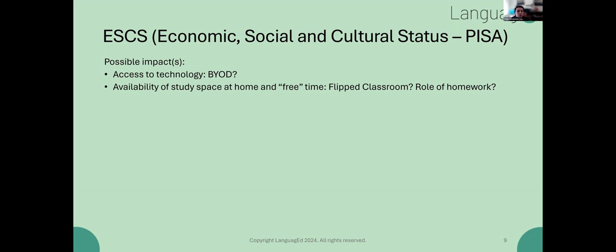So these are things you may want to consider when it comes to things like using the flipped classroom, how much homework you give, and how crucial that homework is to the development of your following lesson. When you give homework, do you also have a stage in the following lesson in which you allow students to catch up if they haven't done the homework?